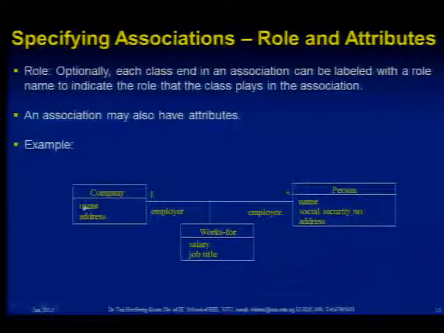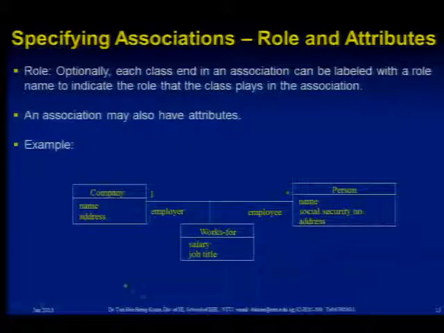Okay, here we have a workforce association. The company class plays the role of employer, and the person class plays the role of employee. So we can give a role to each end as such. We can also define attributes for an association.